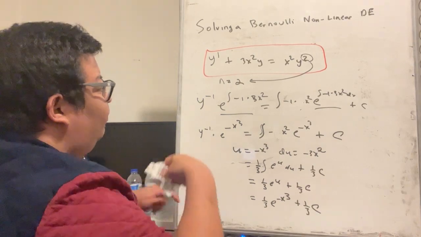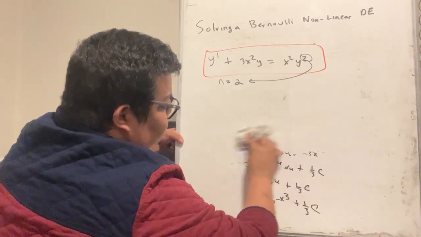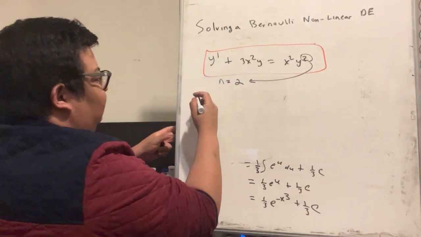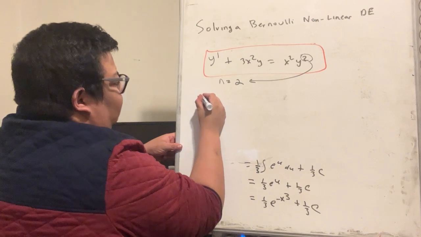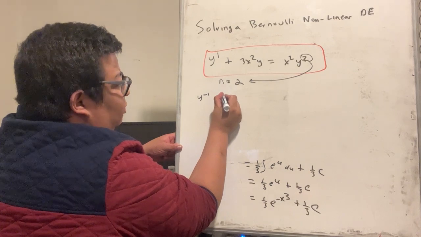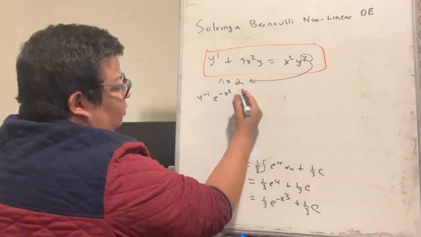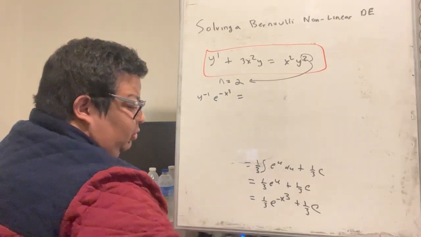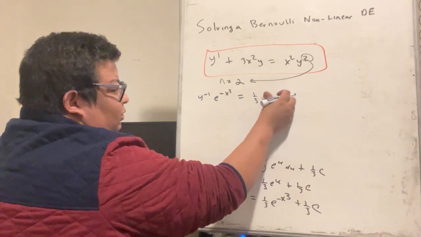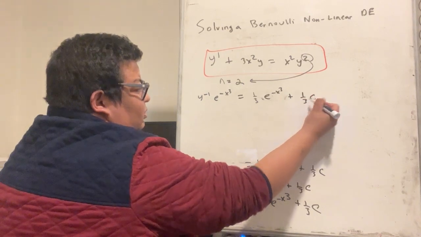Okay, let's make some space. On the left side, remember we have y to the minus 1 times e to the minus x cubed, equal to this here, 1/3 e to the minus x cubed plus 1/3 c.